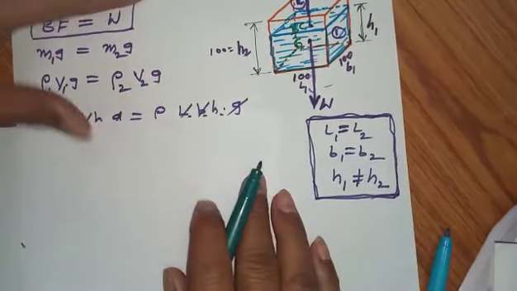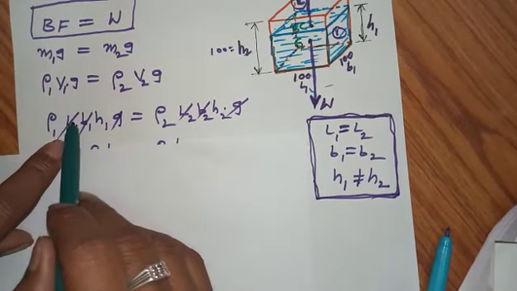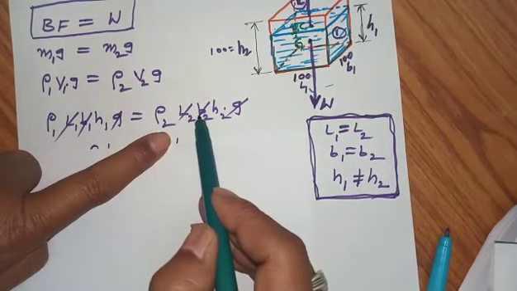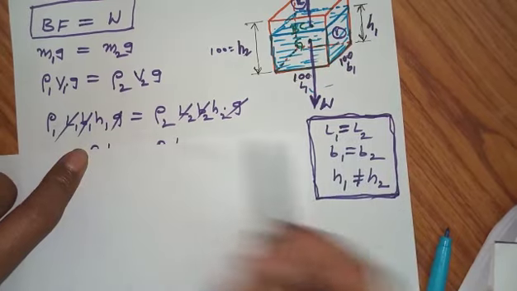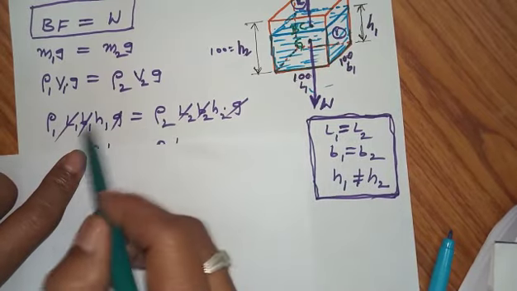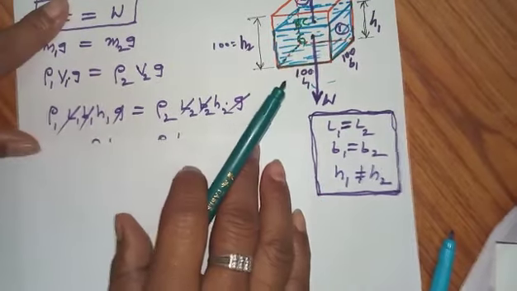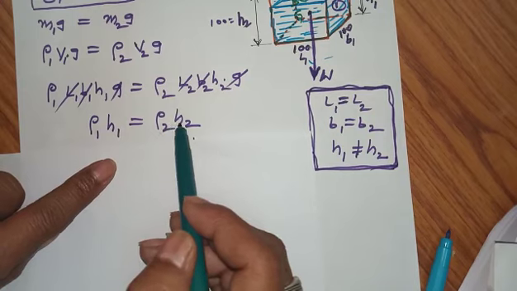Substitute these values here. So this is volume 1, L1, B1, H1, and volume 2, L2, B2, H2. These two are equal, so they get cancelled, and G gets cancelled. What remains? Rho 1 H1 is equivalent to rho 2 H2.